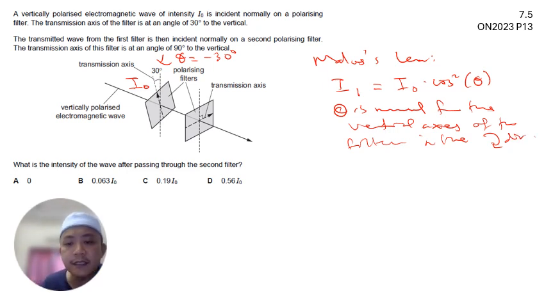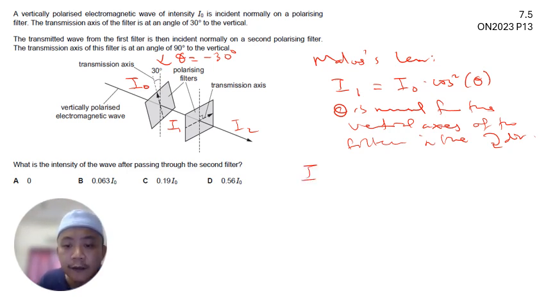So we've got to be consistent in this case. Here, let's just label I1 and I2, where I1 is the intensity of the polarized wave after the first filter, and I2 is the intensity of the polarized wave after the second filter. So we just have to carefully plug in all the values.